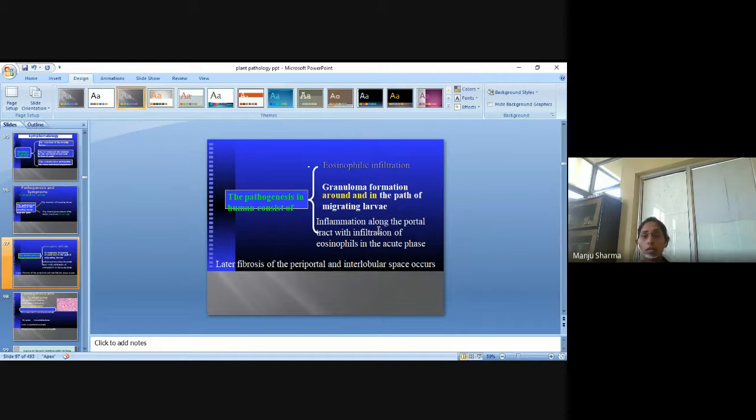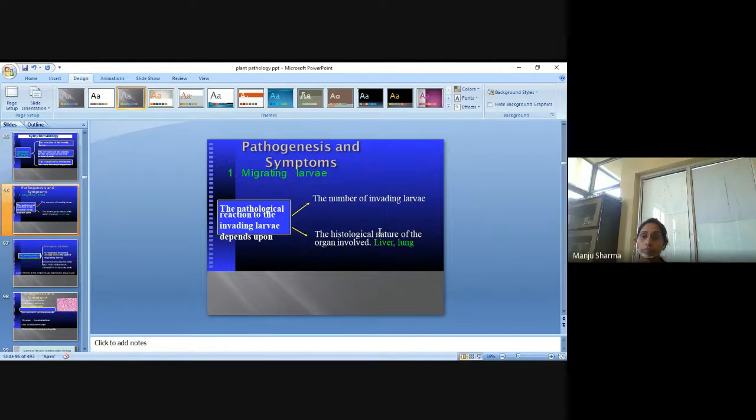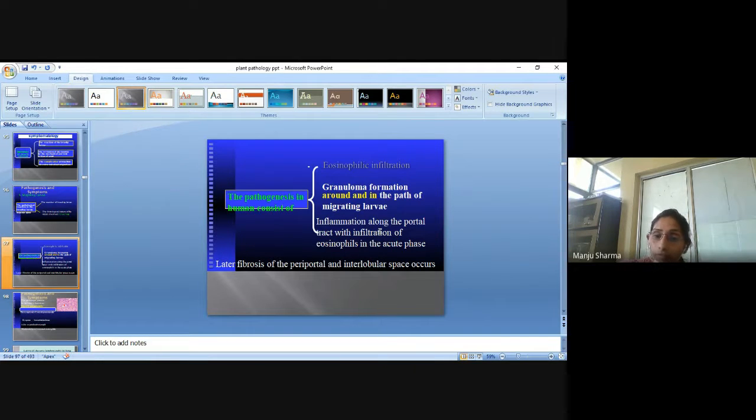The pathogenesis in humans consists of granuloma formation around the path of migrating larva and inflammation along the portal tract.